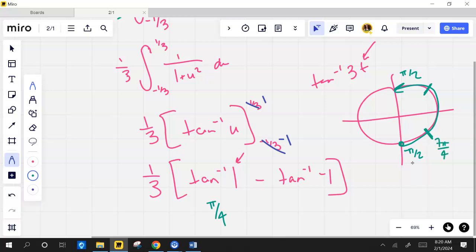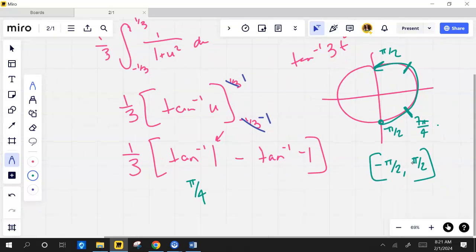But if we use 7 pi over 4, 7 pi over 4 is not in our domain, right? If I have to be between these two values, 7 pi over 4 is bigger than pi over 2. Does that make sense? So instead of calling it 7 pi over 4, I'm going to call it negative pi over 4, because that is in the domain.